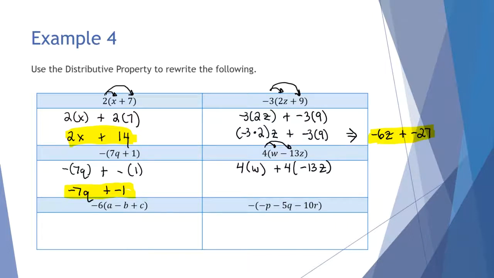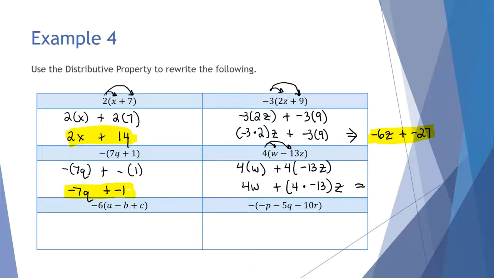So 4 times w doesn't mean anything, so we just keep that written the way it is. But now we want to use the associative property so that we can multiply the 4 and the negative 13 by grouping those together instead of the negative 13 and the z. Because negative 13 times a letter doesn't mean anything, but 4 times negative 13 does.